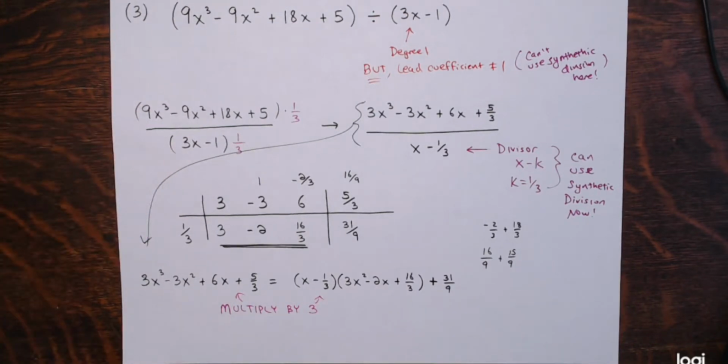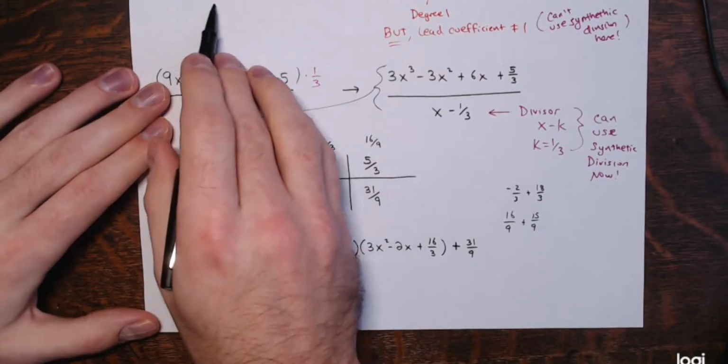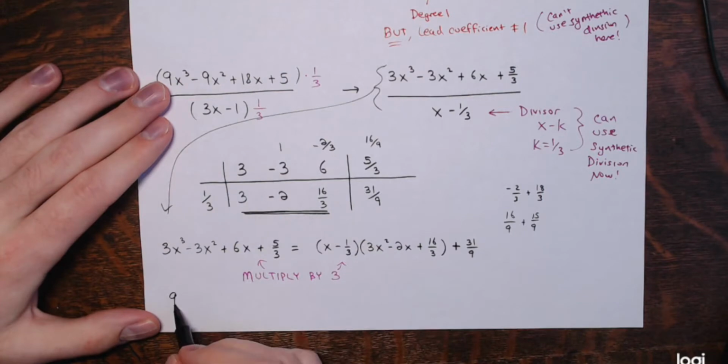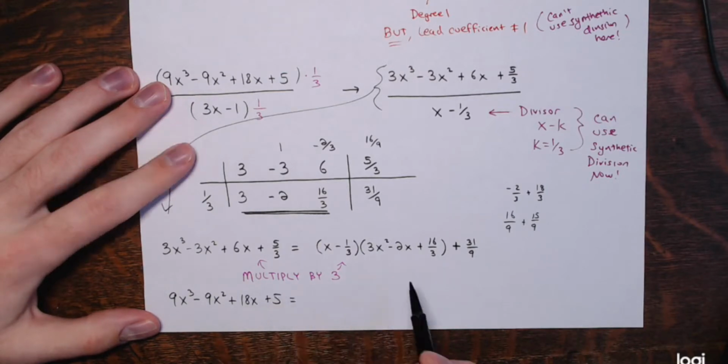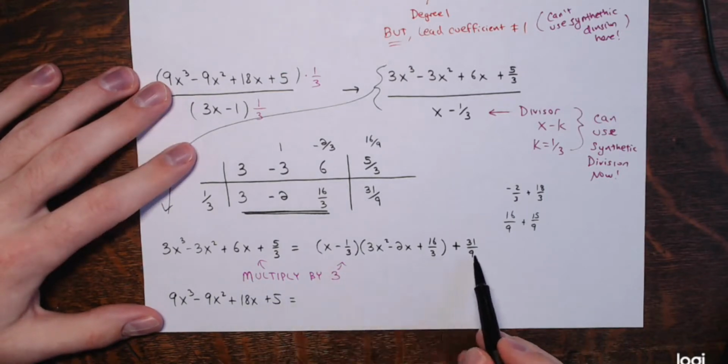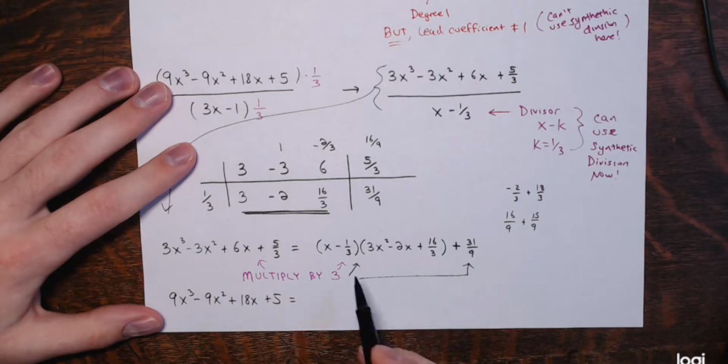Now, over here, when I multiply everything by 3, I'll get the original dividend, 9x cubed minus 9x squared plus 18x plus 5. That's the original dividend. And then multiplying this, there are two terms here. There's this product and then this product. Now multiplying this by 3, you pick a factor.